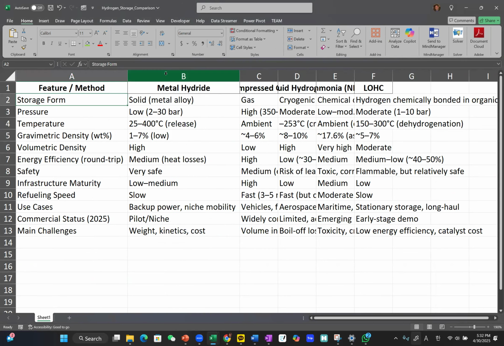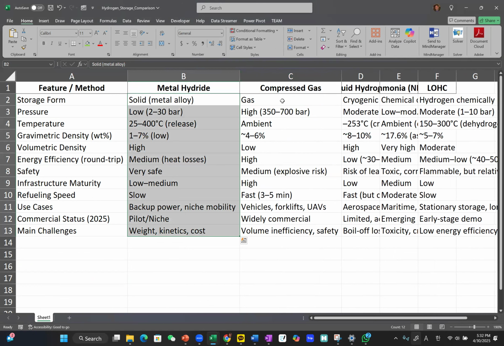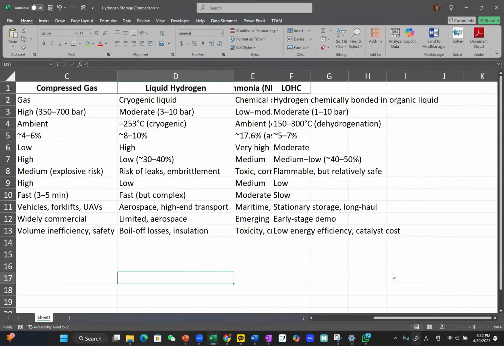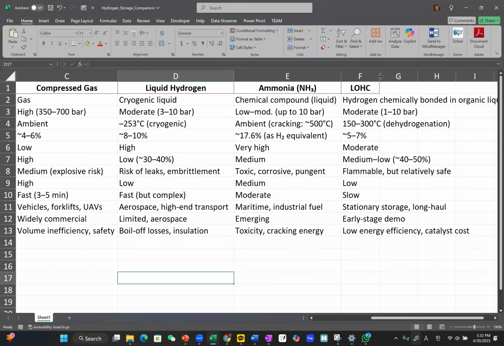Okay, this is the one, it says solid metal hydride, and the pressure. Okay, this is the metal hydride aspect, and here is the compressed gas, and here is the liquid. Here is the ammonia, and here is the LOHC.